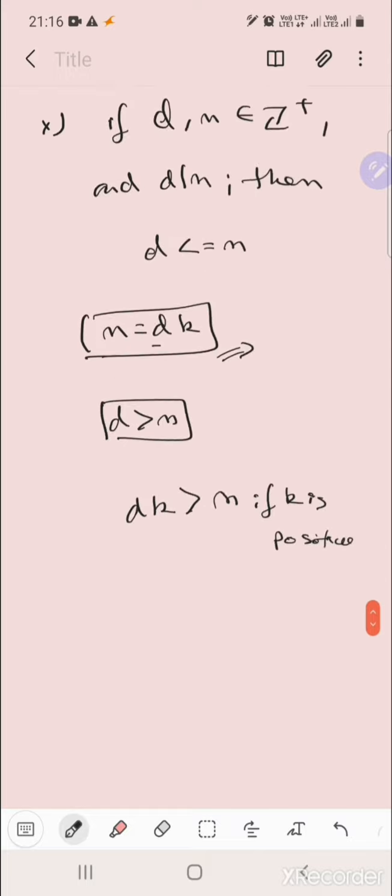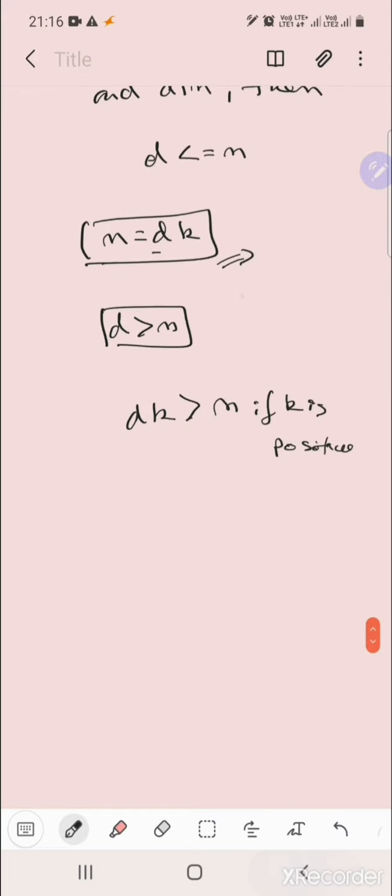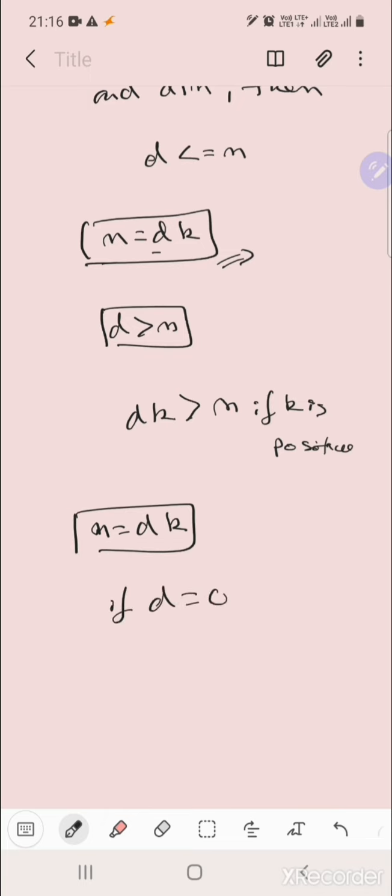Basically from this mathematical structure, n is equal to dk. See, if d is equal to 0, then n is equal to 0. So we can say that if 0 divides n, then n must be equal to 0.